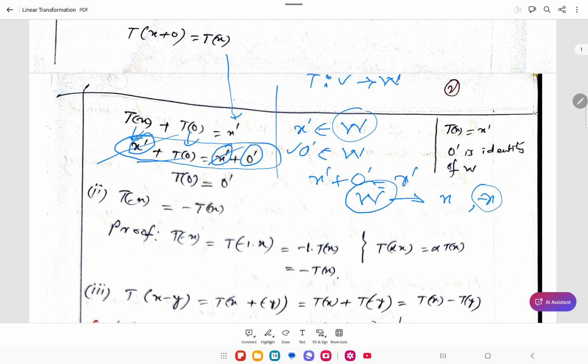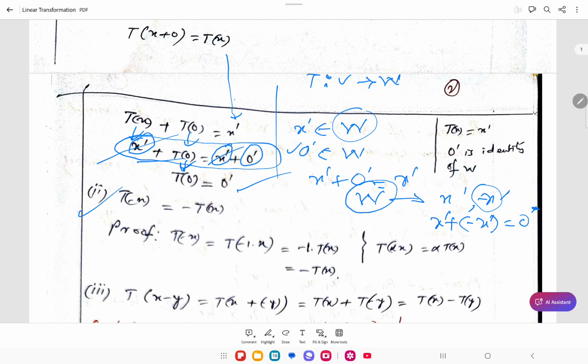That's why we can do the cancellation, because x plus minus x gives us the zero vector. That's why the same quantity gets cancelled, and ultimately we are left with T0 on this side and 0 dash on the other side. So the first property is proved.